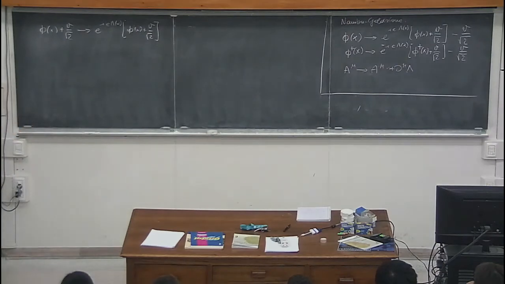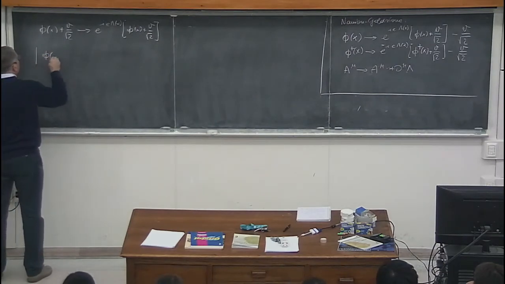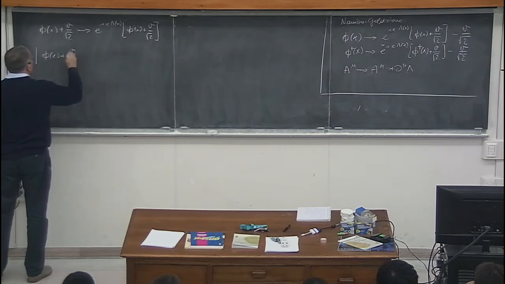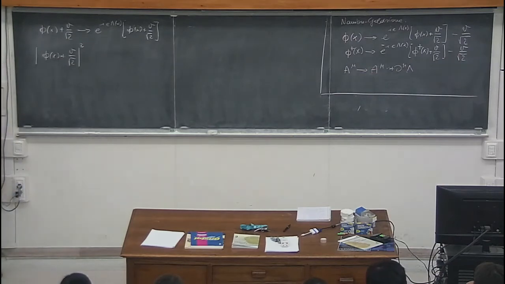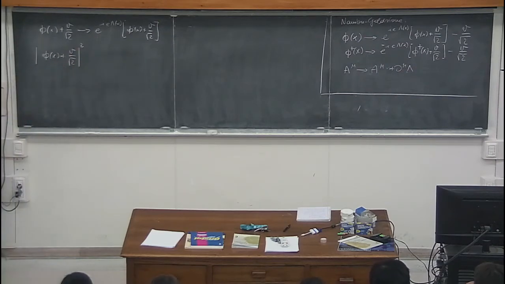If I write it like this, it is obvious that |φ + v/√2|² is invariant upon this kind of transformation. This transforms by multiplication by a phase, and a phase has square modulus 1. So this is invariant.